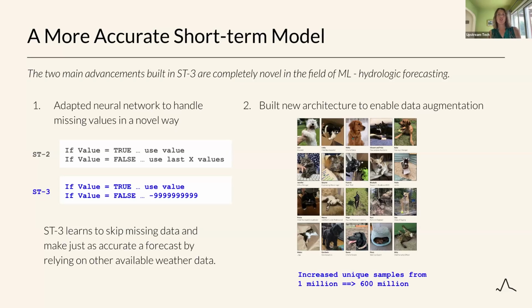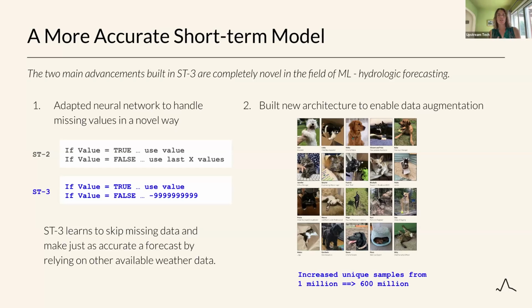Right now, the model is trained on about 1 million samples, which is pretty good. But what we can do now that we've built this adaptation that I talked about in step 1 is we can actually augment that data set. We can add noise to it and add this -999 crazy value here, add it over here, and essentially augment the input data set.